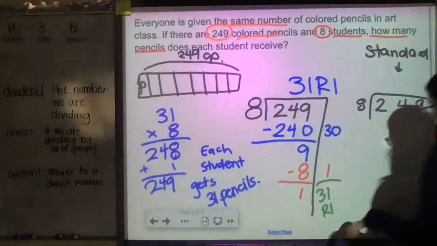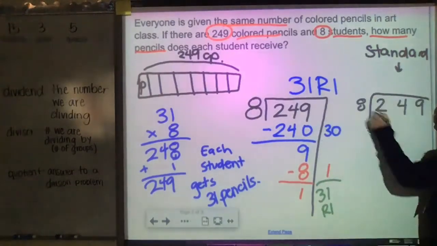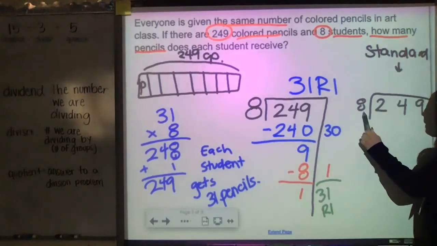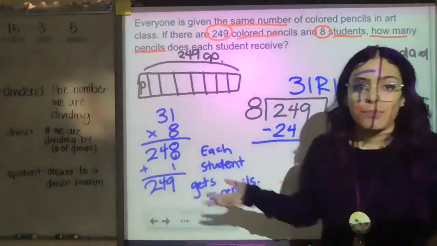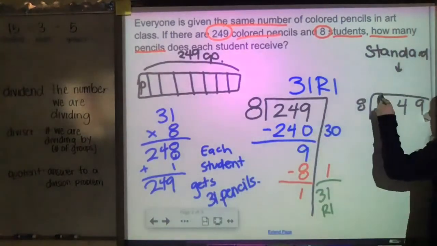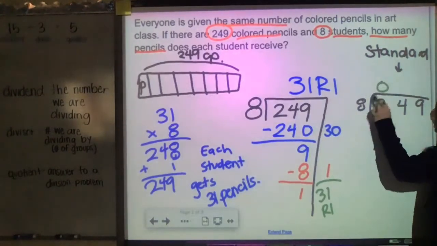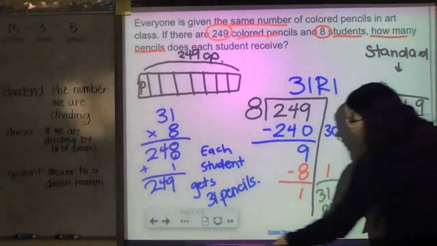You work your way down the place value chart. So I begin by looking at 200s. 200s divided by 8. I cannot take 200s the way they are bundled and put them in 8 groups. So that means I end up grouping no hundreds. 0 hundreds times 8 gets me 0 hundreds, and I still have 2 hundreds left.